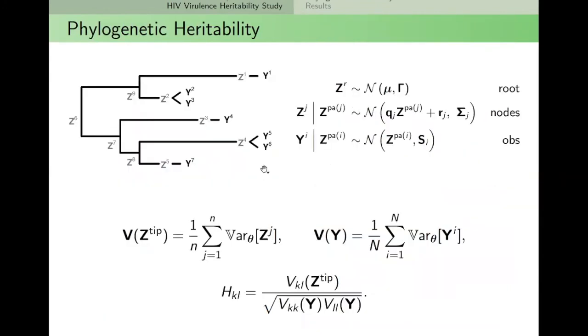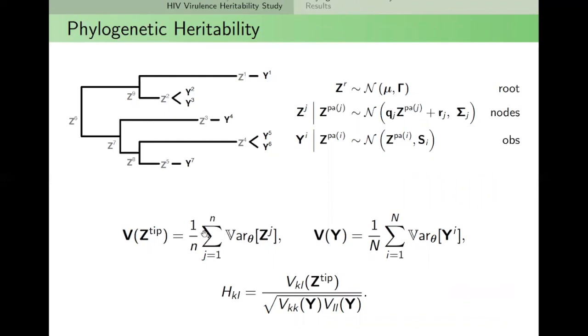So to measure that, we use our model here. Basically, the heritability is the ratio between the variance Z due to the stochastic process on the tree and the total variance, where you also have this S error variance, which is modeling all the interactions between host and virus that you do not take into account in your stochastic process.